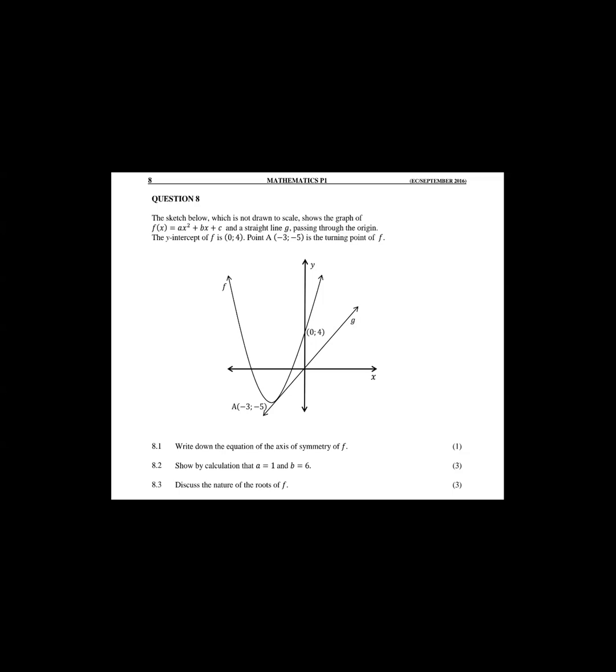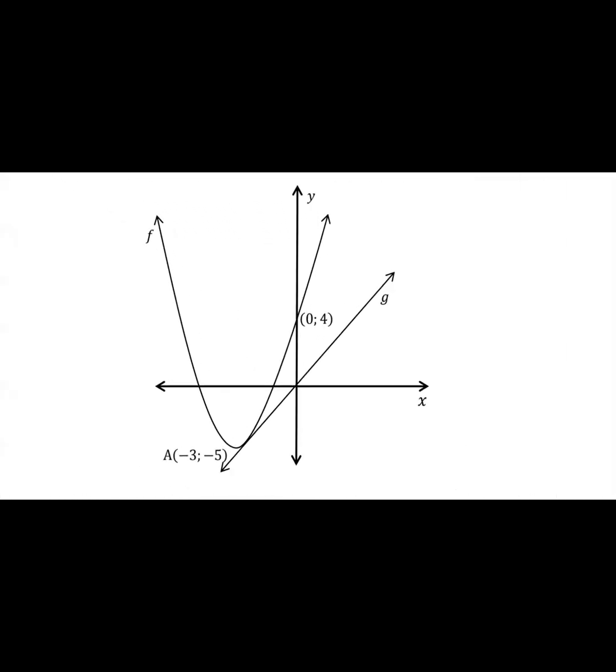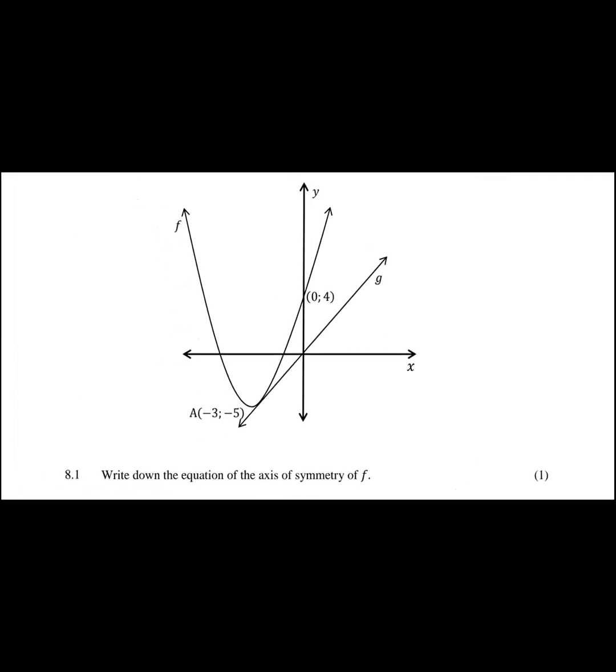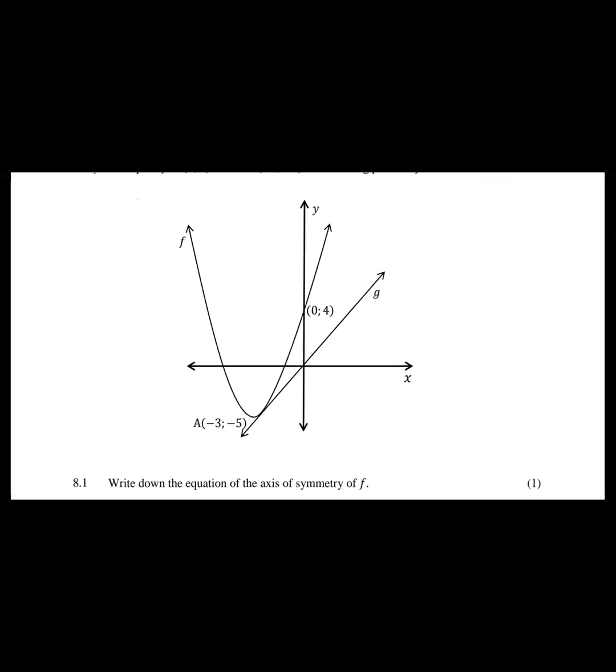In this case, guys, you look at this problem and you have to look at how it looks very carefully, because you have been given the turning point and a random point and also a straight line.